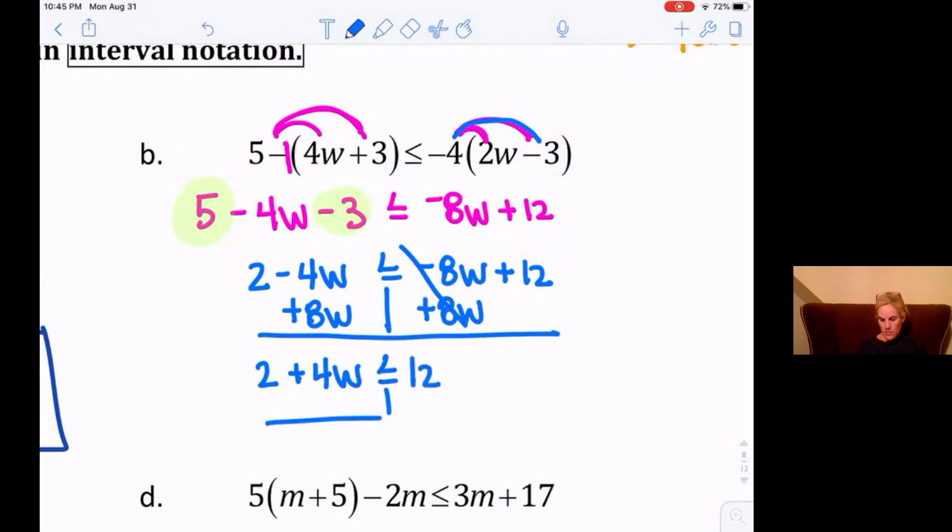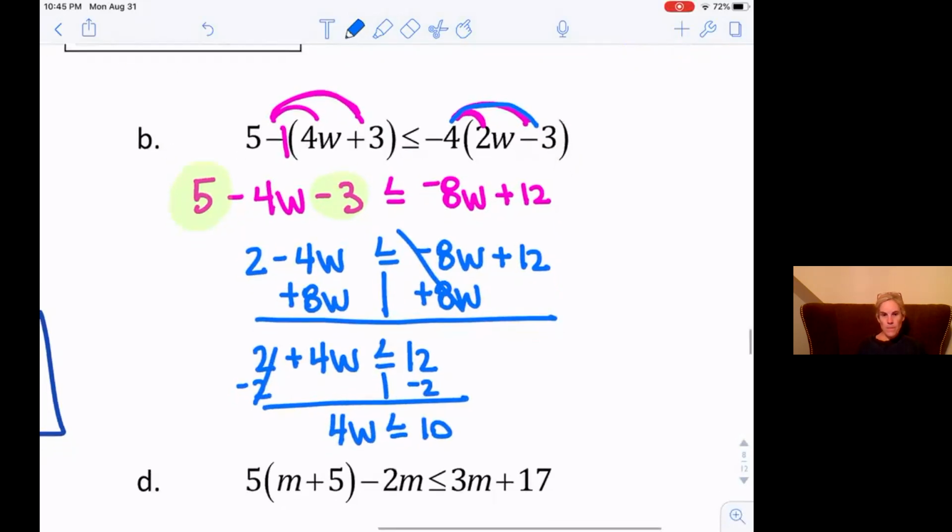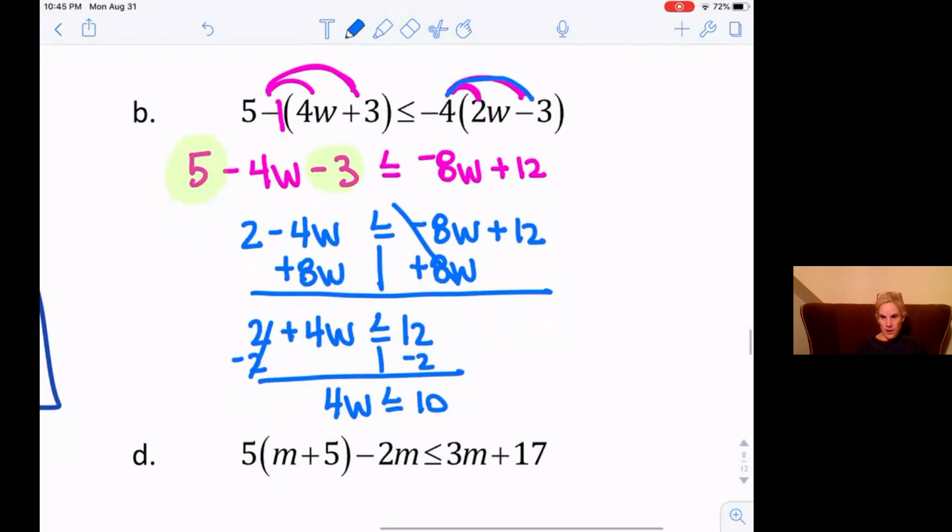Keep going by subtracting 2. We would get 4w is less than or equal to 10. And then from there, I would divide both sides by 4 and get w is less than or equal to 2.5.